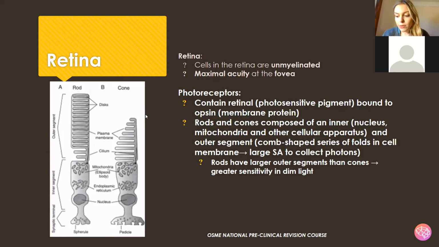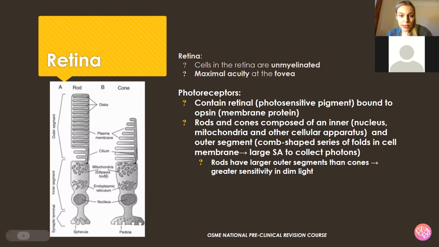Moving on to photoreceptors, we've got our rods and our cones. Photoreceptors contain retinal, a photosensitive pigment, which is bound to a membrane protein called opsin.